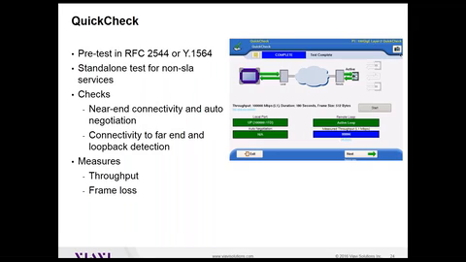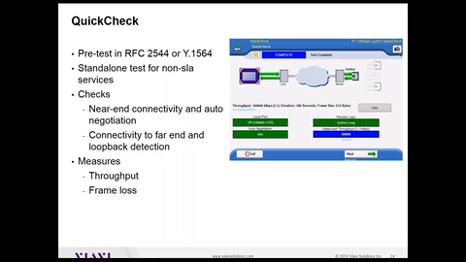So what this test does is it checks near-end connectivity and auto negotiation, as you can see in the graphic here. So we're just making sure that we've auto negotiated appropriately. It's checking connectivity to the far end. So first of all, just can we connect to the far end?